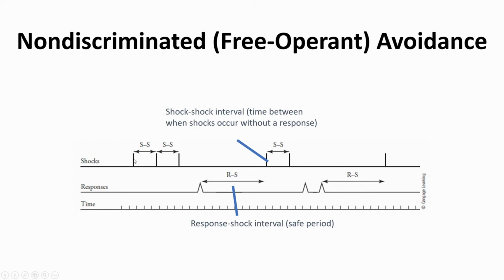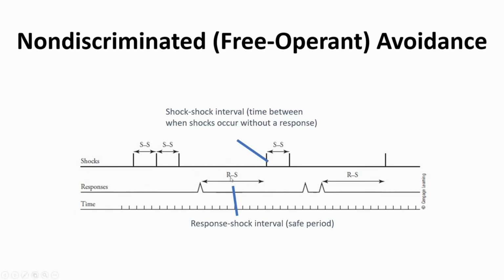So we had a shock delivered here and here and here, but before another shock could be delivered, this response was made, which cancels the next delivery of shock. And then we have that period during which there is no shock delivered up here because you made that response.